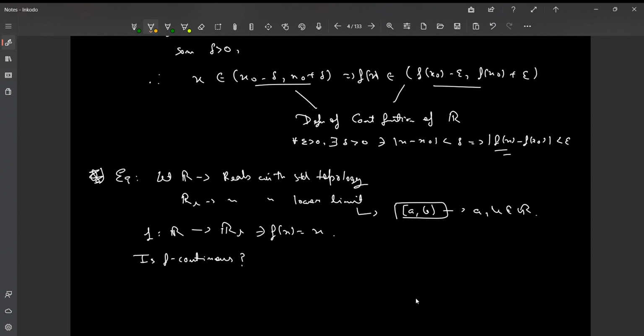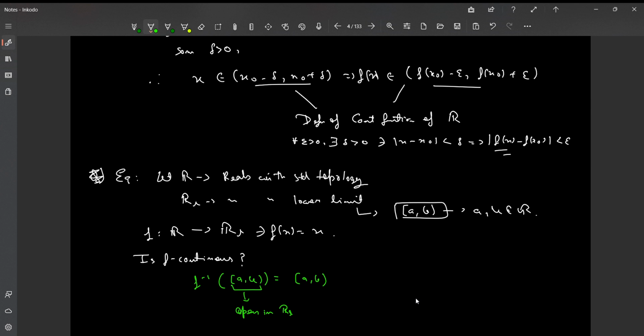What should be the answer? It's just the identity mapping, right? What is F inverse of the basis element [A, B)? It should be [A, B), closed A open B. Now, closed A open B is open in R_L.